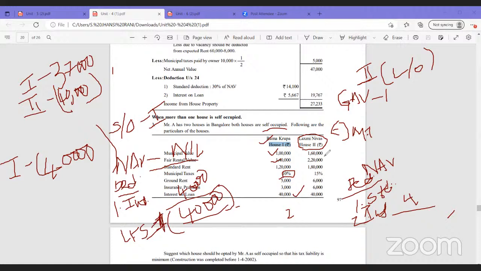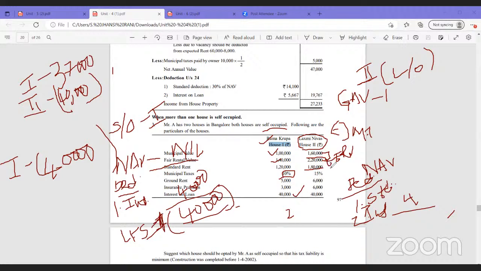Yeah. So we have to find out gross annual value. For house 2 gross annual value, step 1 is we are comparing municipal rental value and fair rental value. Out of these two amounts, the highest amount is fair rental value, that is 2,20,000. This I'll bring to step 2 as ERV. In step 2, I'm comparing ERV, that is 2,20,000, with standard rent, 1,80,000.